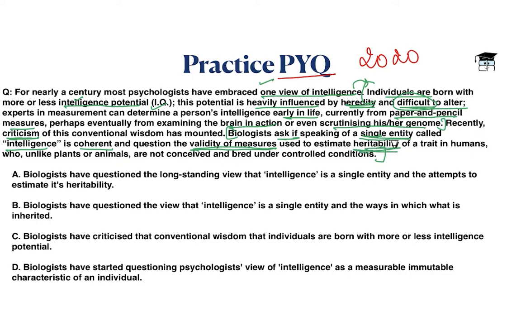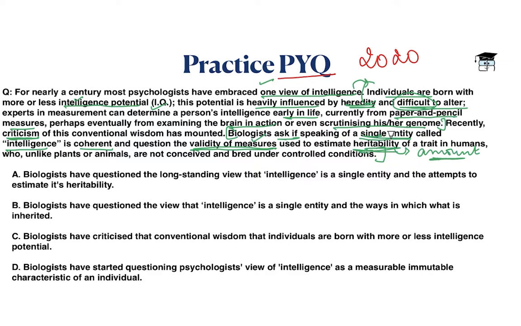Now, what is heritability? Heritability is the amount in which a gene is inherited by a progeny, by a person, right? That means that biologists are questioning in what amount a gene is inherited by a progeny.